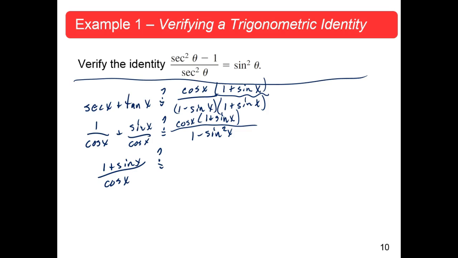It's a slightly different form, because when you have squares, look for Pythagorean identities. Okay, say that again. Sine squared x plus cosine squared x is equal to 1. Okay, can we rearrange that to make it look like that denominator?